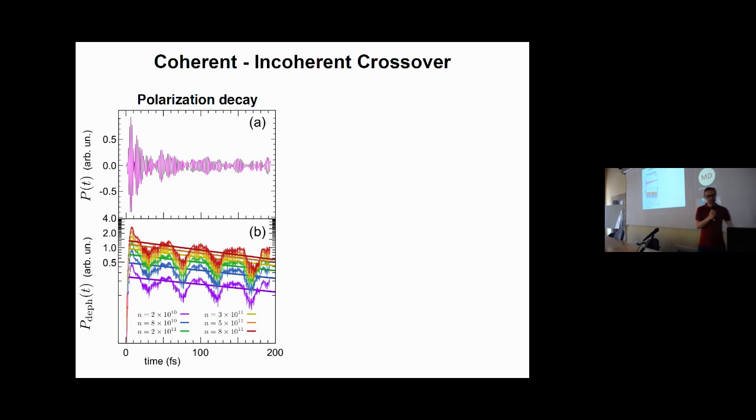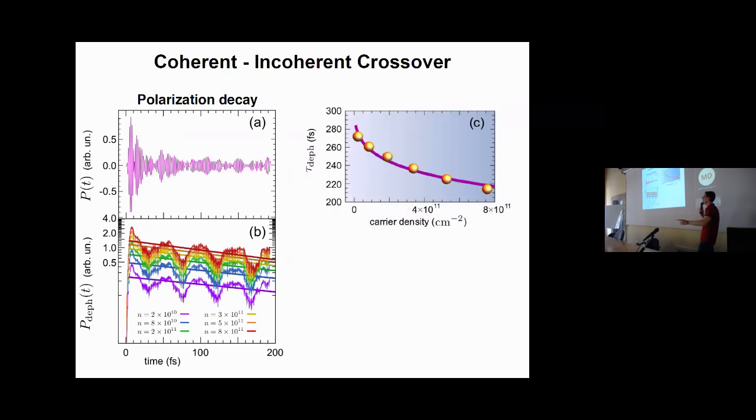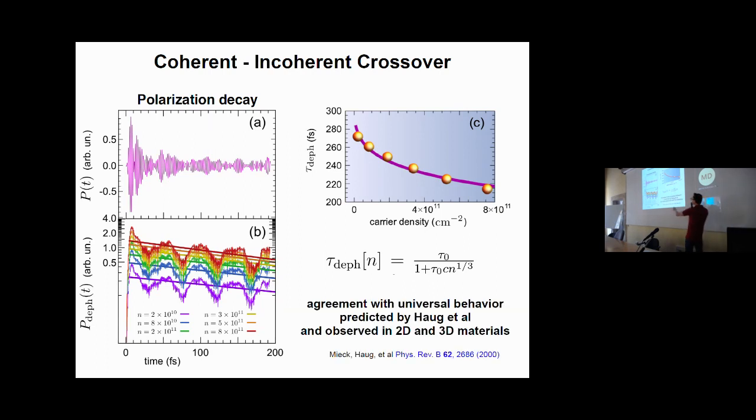If we extract the time scale for this decay as a function of the excitation density, we see that this can be very nicely fit with this power law, which has been predicted long ago by Haug to be a universal power law dictating the dephasing, so the decay of the polarization, in both 2D and 3D materials. And we nicely see that our simulations are perfectly consistent with this prediction.